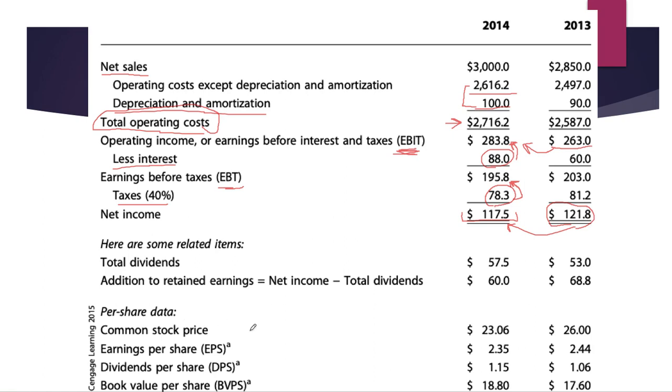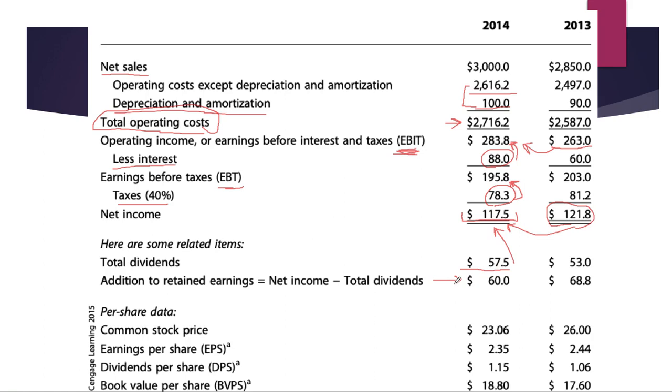Okay, and then there might be some dividend payments by this company. Once the dividends are paid from the net income, if you subtract this 57.5 from 117.5, then we obtain this number here, 60 million, as the additional retained earnings.